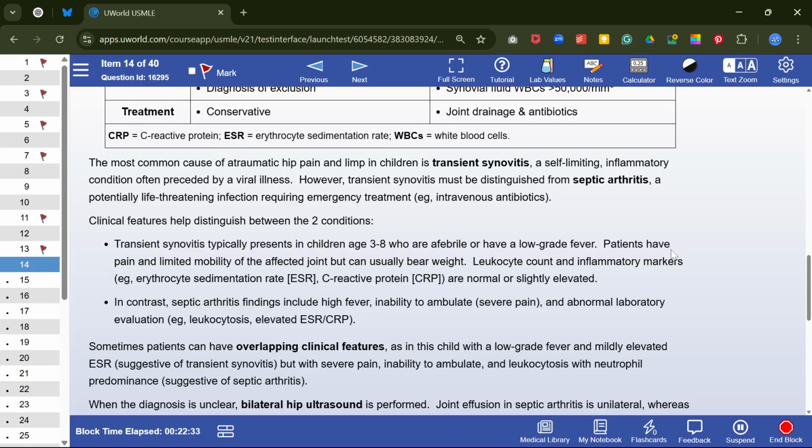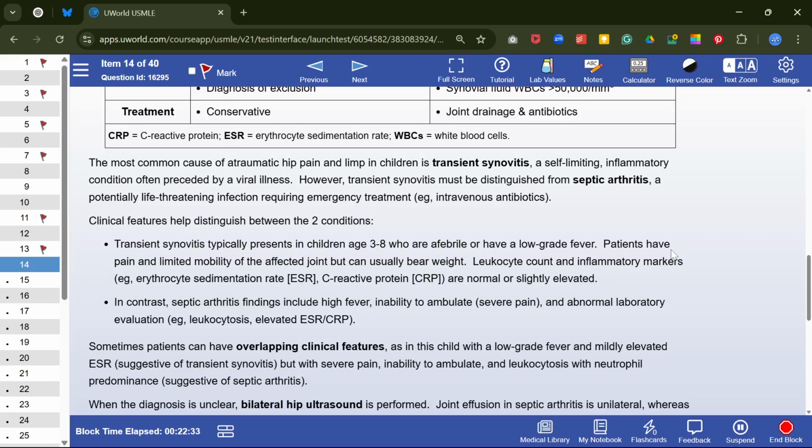Leukocyte count and inflammatory markers ESR, CRP are normal or slightly elevated. In contrast, septic arthritis findings include high fever, inability to ambulate, severe pain, abnormal lab evaluation, leukocytosis, elevated ESR, CRP.